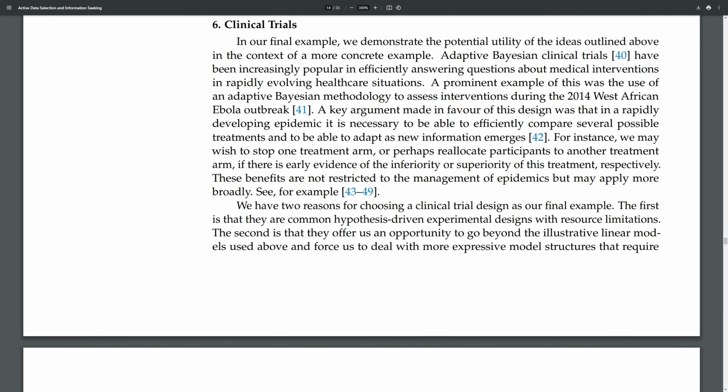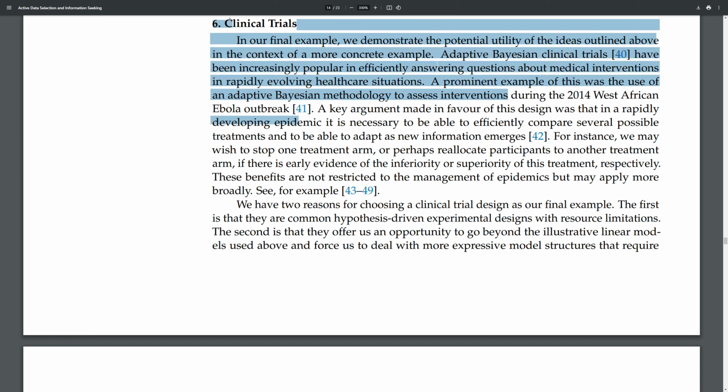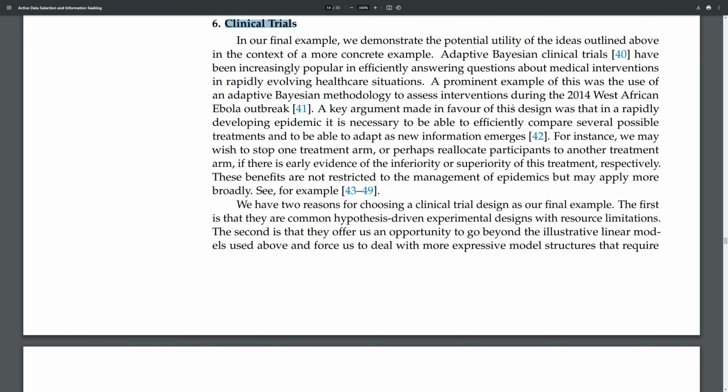Moving on to section 6. For section 6, we are going to be looking at a clinical trial, or at least a toy clinical trial. In the 2014 West African Ebola outbreak, a key argument was made to rapidly develop epidemiology and the active study to efficiently compare several possible treatments and figure out what was the best one and adapt as new information emerges, not after the study, but during the study, so that you can actively, during the study, stop a treatment arm, reallocate participants to different groups, or do whatever you need to maximize the probability of survival.